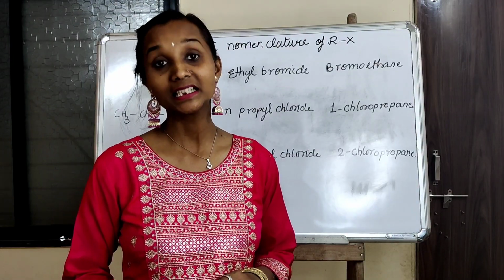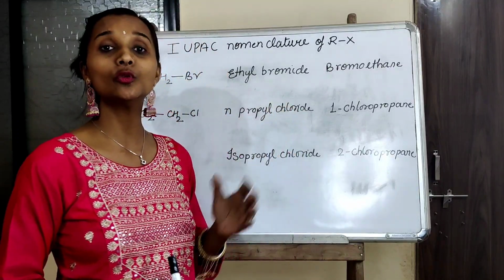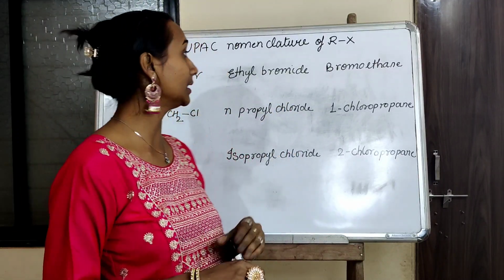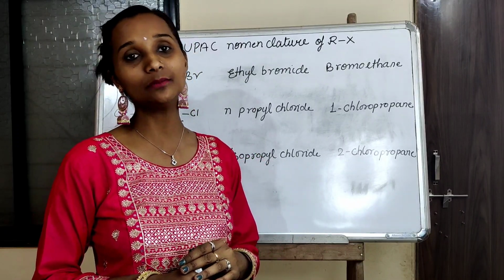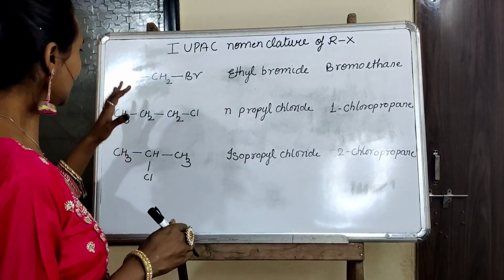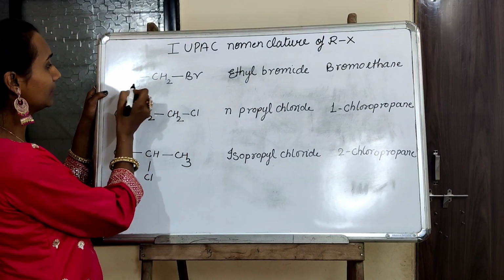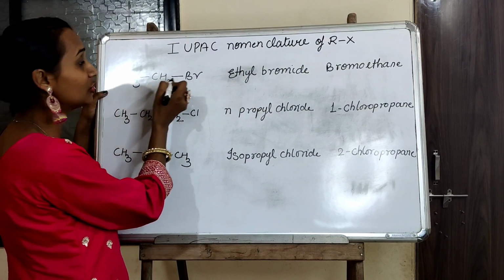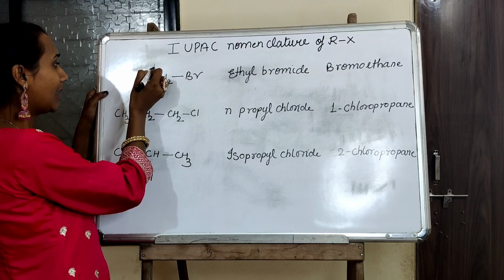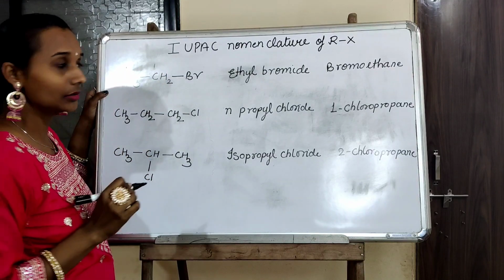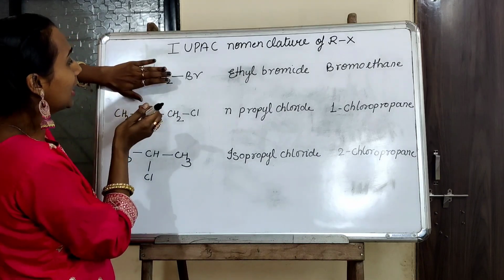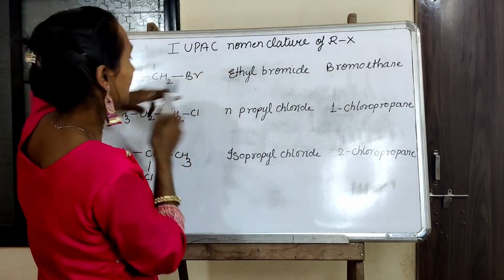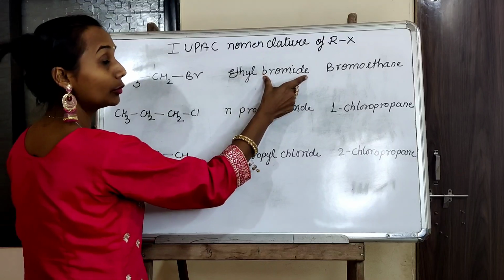So students, here I have written a few more examples where we will understand the concept of how to give names to alkyl halides. See here, first I have written CH3CH2Br. There are a total of 2 carbons, so this portion will be called ethyl, and the functional group is bromide.